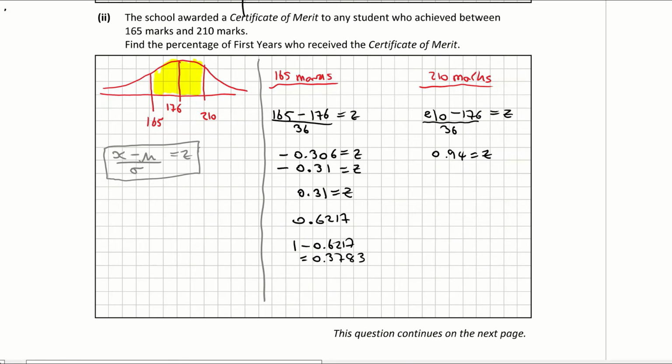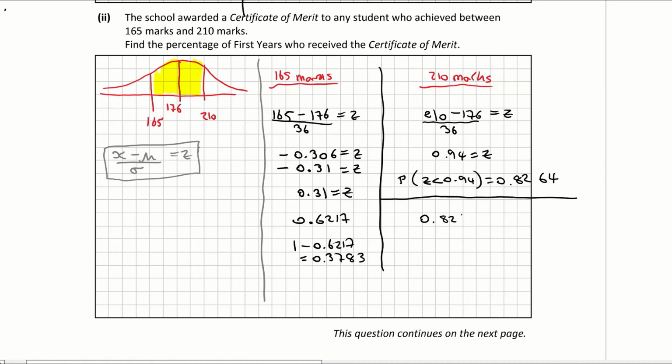I'm coming over now to look at the 210 marks, and I got my z-score to be 0.94. Not a lot more to do with that, so the probability of z being less than 0.94 is, from my log table, 0.8264. And I'm practically done. In order to get that yellow portion, I need to subtract my two answers from each other.